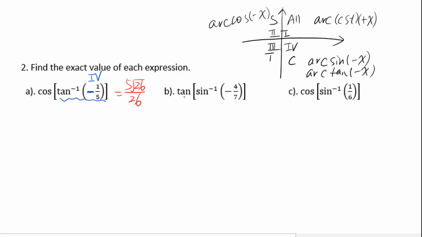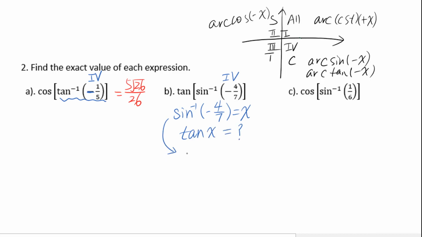Let's go to B, tangent inverse sine of negative 4/7. Inverse sine of negative 4/7 will go to the fourth quadrant. We will set up inverse sine of negative 4/7 equals x. Then basically we are looking for tangent x.